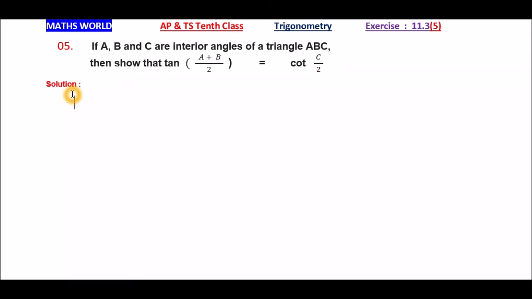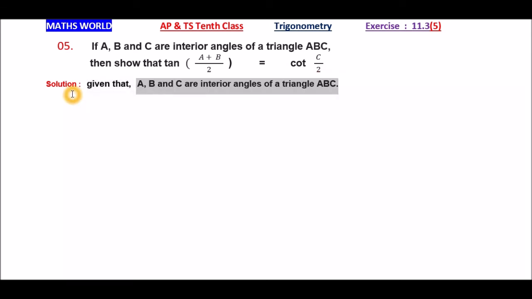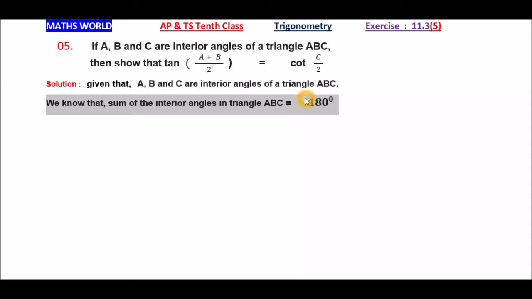Solution. Given that A, B and C are interior angles of a triangle ABC, we know that the sum of the interior angles in triangle ABC is equal to 180 degrees.